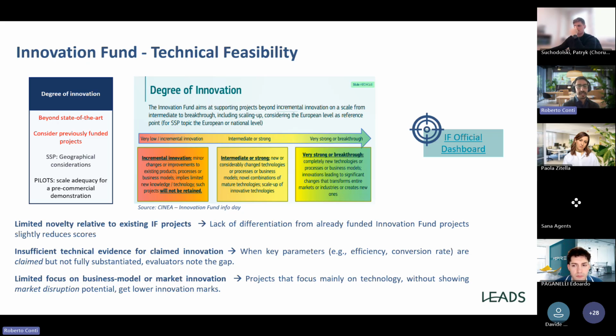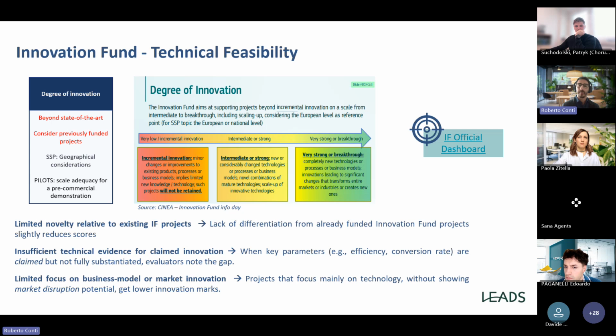State of the art in the Innovation Fund refers to the commercial state of the art, including technology already deployed on the market and previous projects already supported and financed by Innovation Fund. This is the reason why we need a strong comparison with former Innovation Fund projects similar to ours that are already funded. And you can see on the right the Innovation Fund official dashboard.